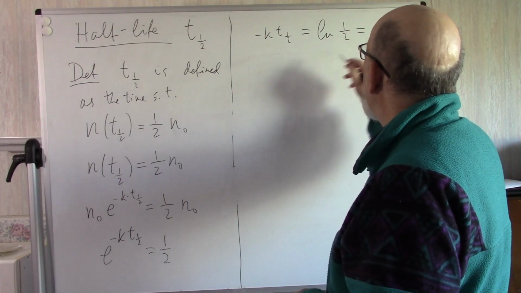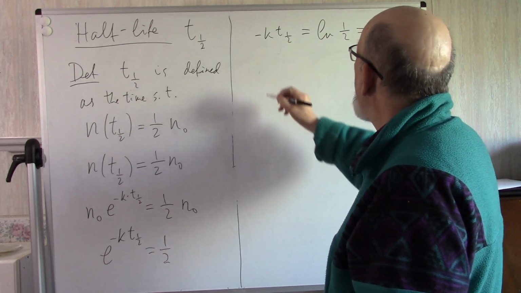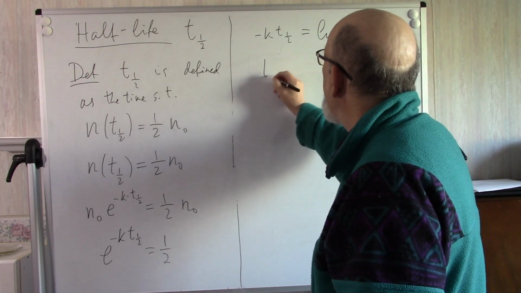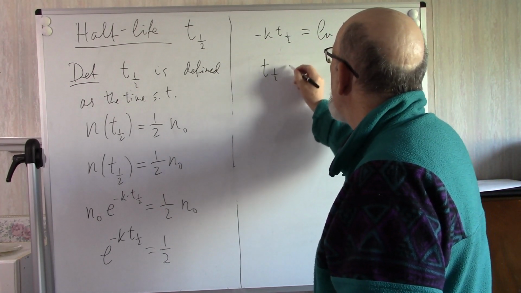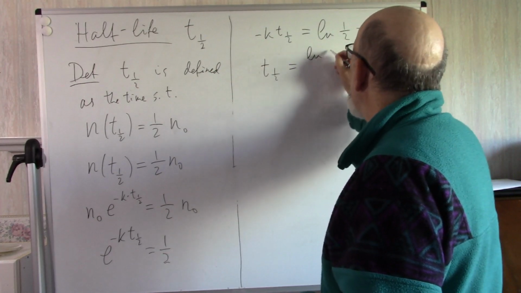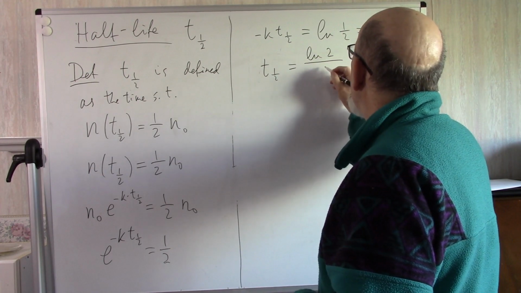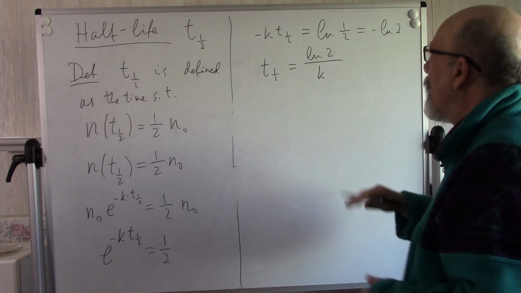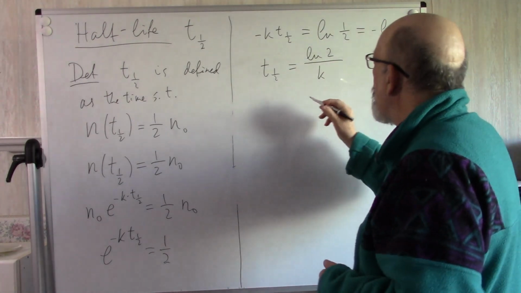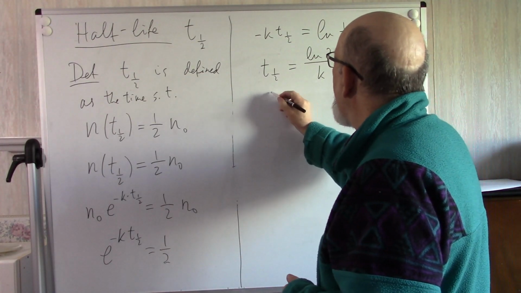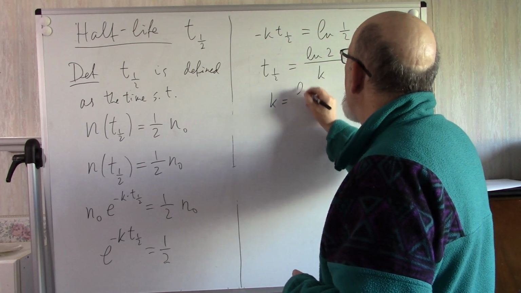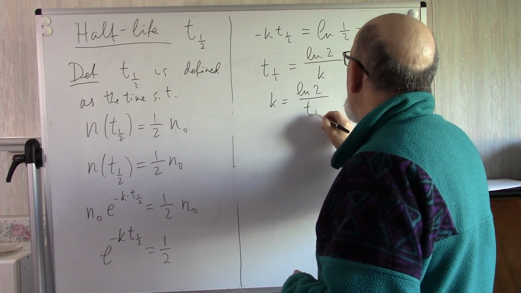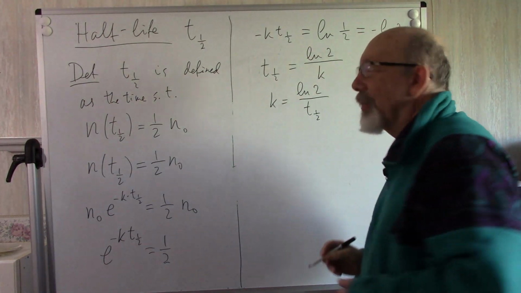Compare this and this, divide by minus k and find t 1/2 equals logarithm of 2 divided by k. Or equivalently, k equals logarithm 2 divided by t 1/2.